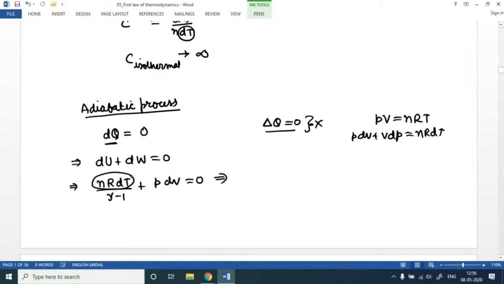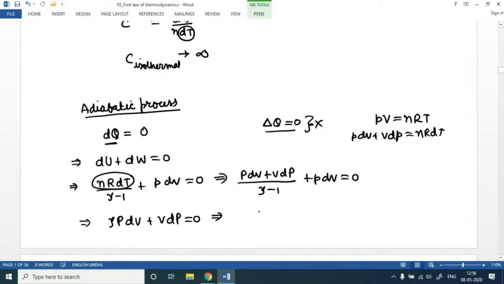So at this place, let's substitute that value. So we will be getting (PdV plus VdP) upon gamma minus 1 plus PdV is equal to 0. So this is a differential equation in P and V. So when you rearrange that, you will be getting gamma P dV plus V dP is equal to 0. And let's separate the variables. So dP by P will be equal to minus gamma dV by V, and let's integrate both sides.